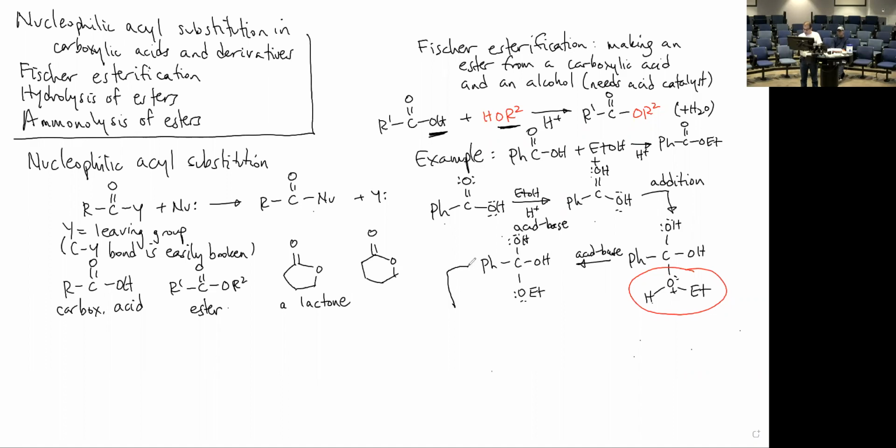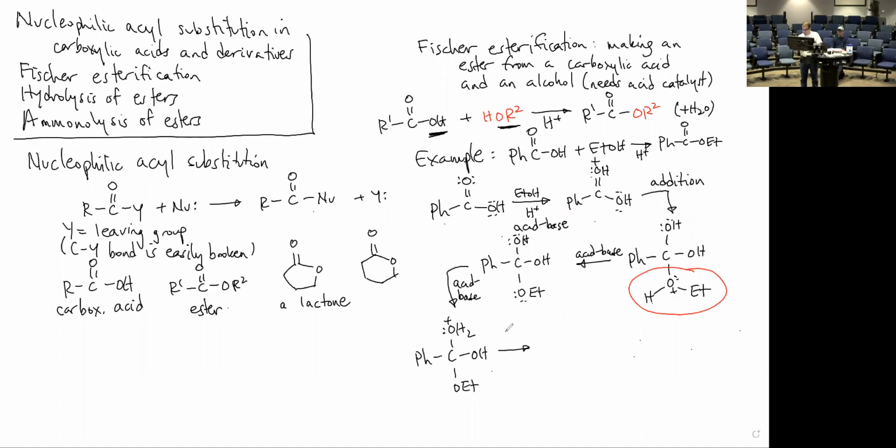We then do another acid-base step. And so what's going to happen is now we're going to put a proton onto one of these OH groups. And it does not matter which, because they're the same. So you could put it on either one of them. And you'll get an intermediate that looks like this.